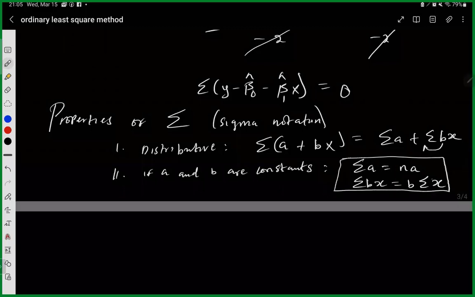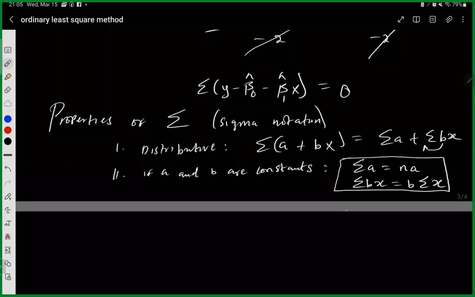Sorry, we had a network challenge and were cut just from the start. If a and b are constants, then summation a is equal to the number of times that a appears times itself.